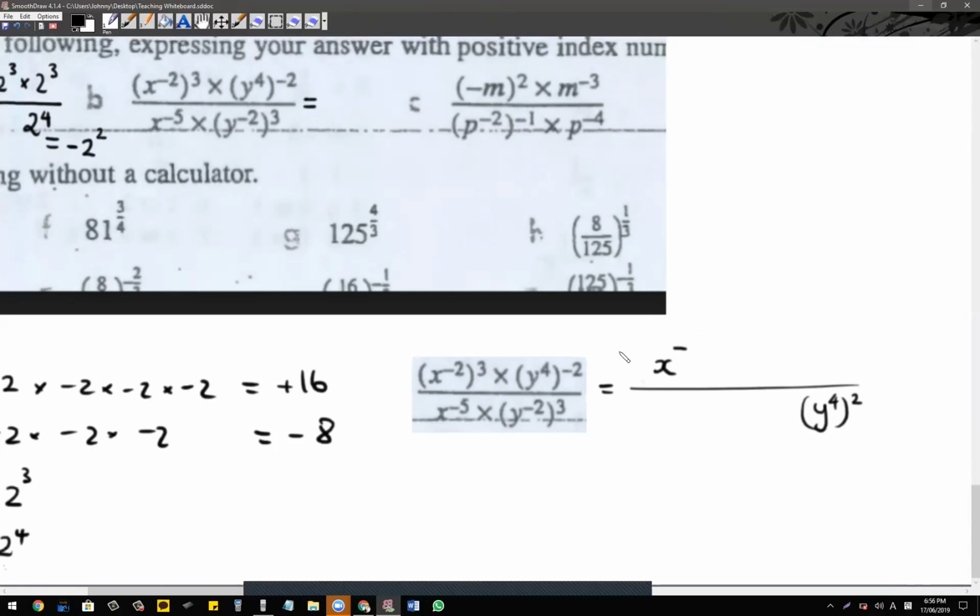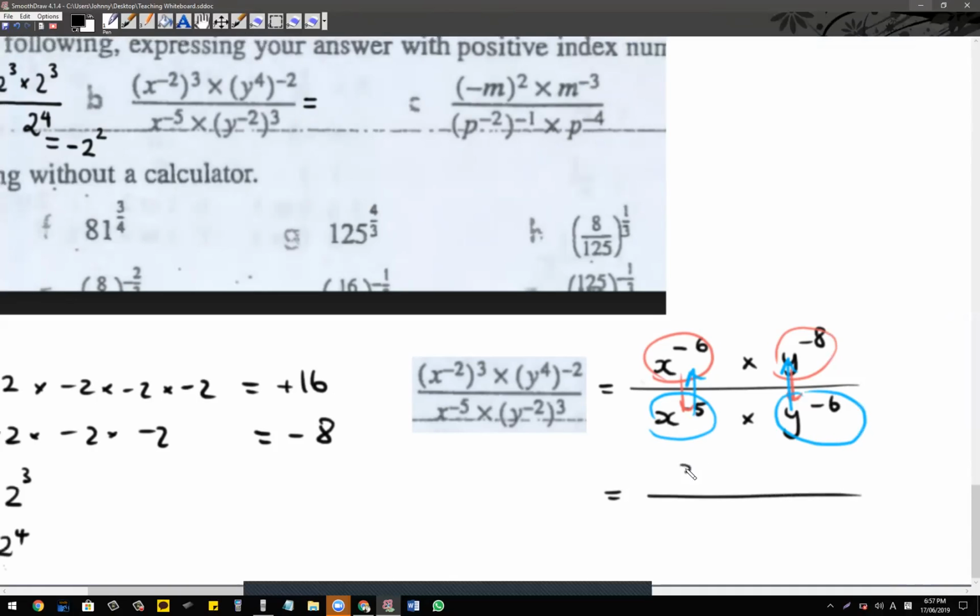So you can just multiply this out, then you get this, right? And then multiply this out. It's a lot simpler if you just multiply this out. You get negative 8, and you get x to the power of negative 5, and this is y to the power of negative 6. And what happens is this one and this one go down. This one and this one can go up.